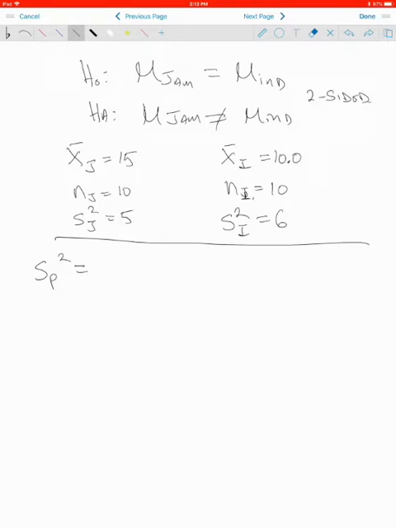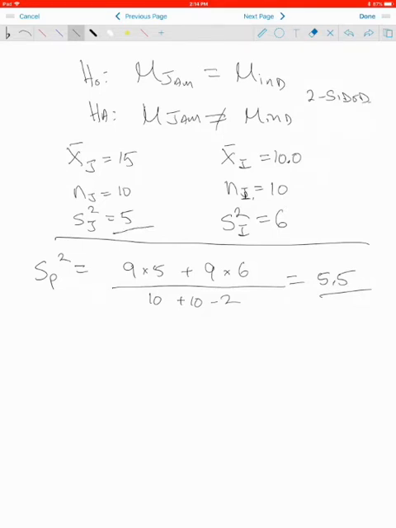So that turns out to be 9 times 5 plus 9 times 6 over N1 plus N2 minus 2. And if you calculate that out, you get a value of 5.5.